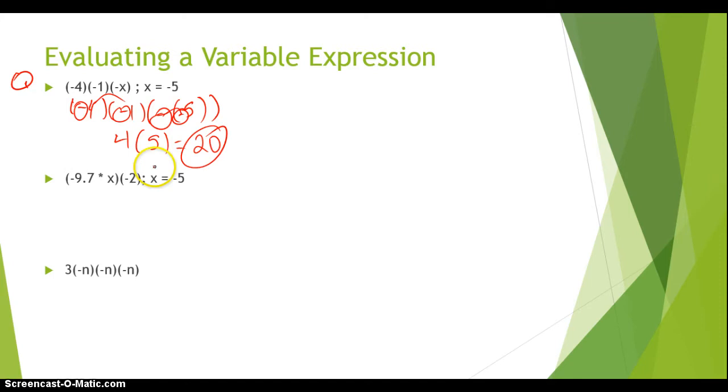So here, plug it in: 9.7, negative, times. Remember I talked about maybe a little star, that means multiplication. So times x, which is negative 5, times the negative 2.